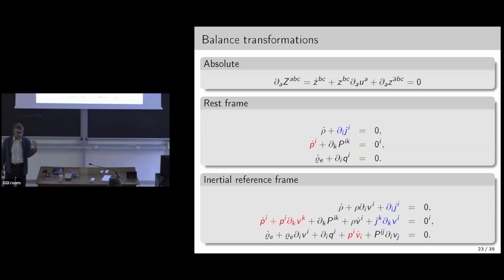So S will depend on E^nu. And of course, if you take the derivative, you get the temperature as a vector, beta^nu.